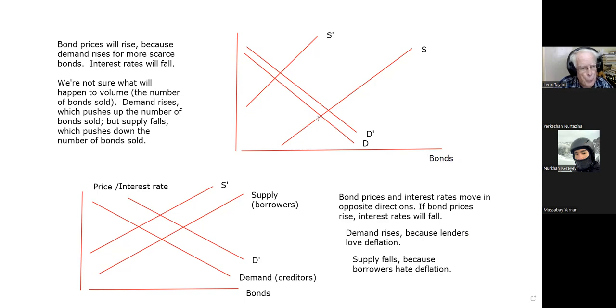We go from point A, the initial equilibrium, to point B right over here.